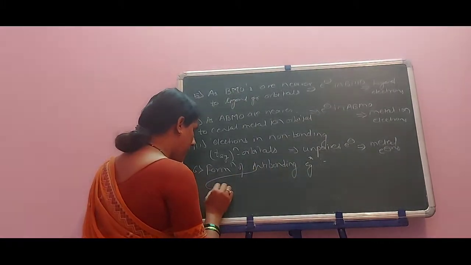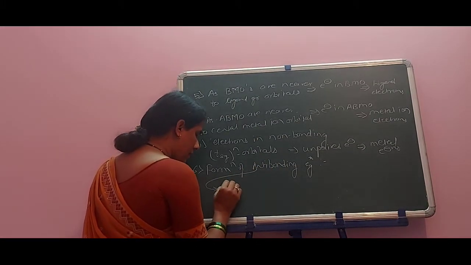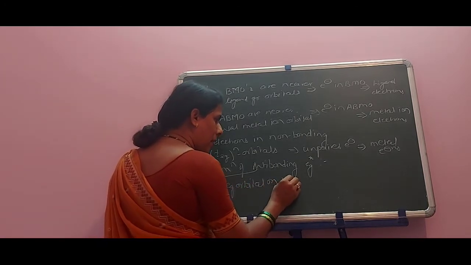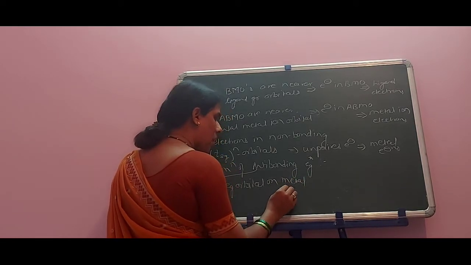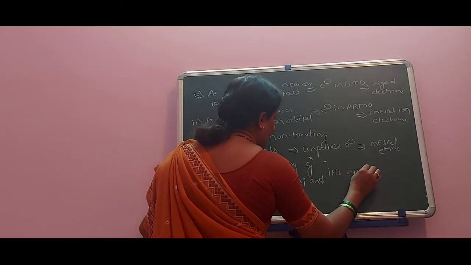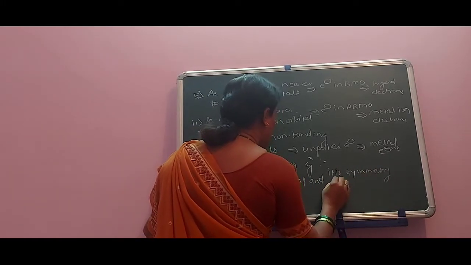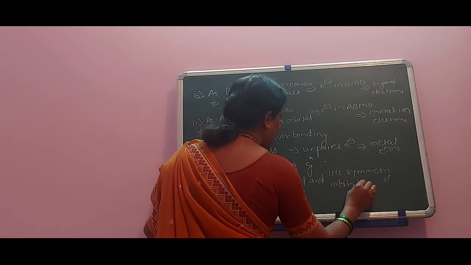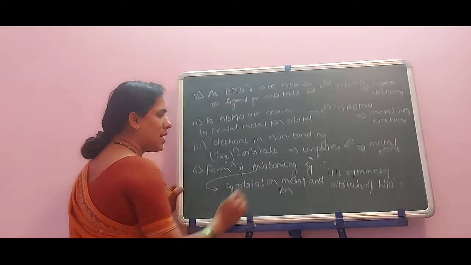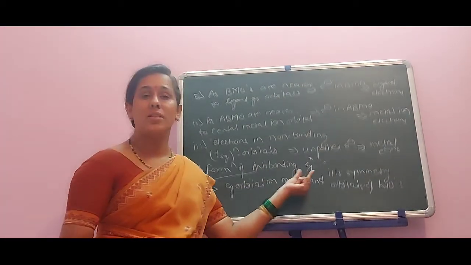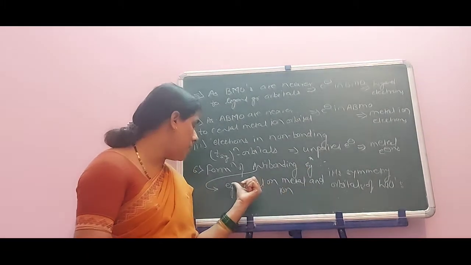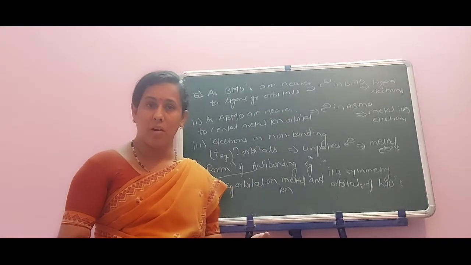It is formed by the eg orbitals on the metal ion and its symmetry orbitals of the LGOs to form these antibonding eg star orbitals. Actually, there is not much difference between eg orbitals and eg star orbitals.